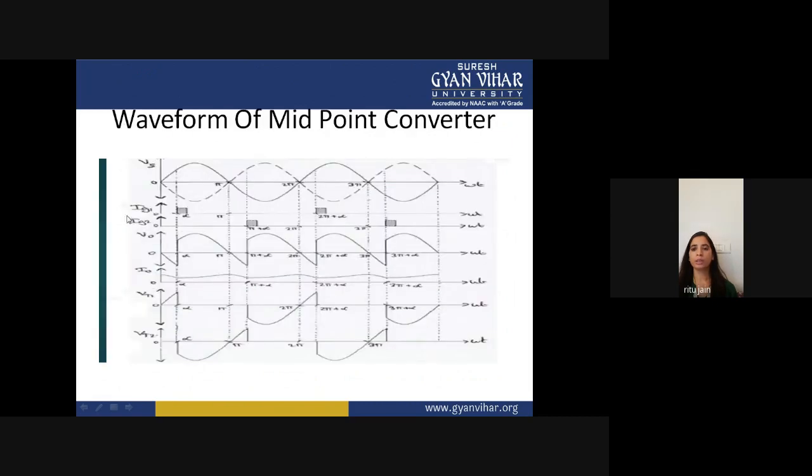So you can see in the diagram at point alpha, you are triggering this SCR T1 and it will start to conduct from alpha to pi. But you are getting the output voltage even after pi. Why is it happening?